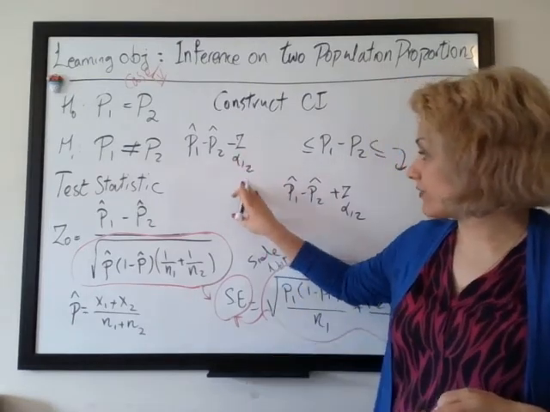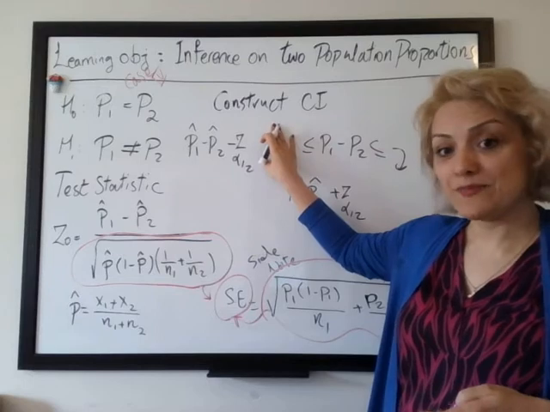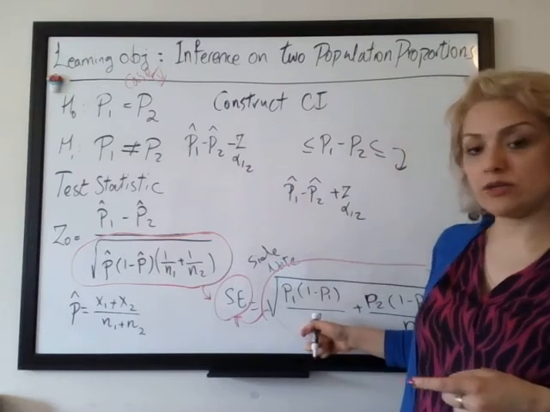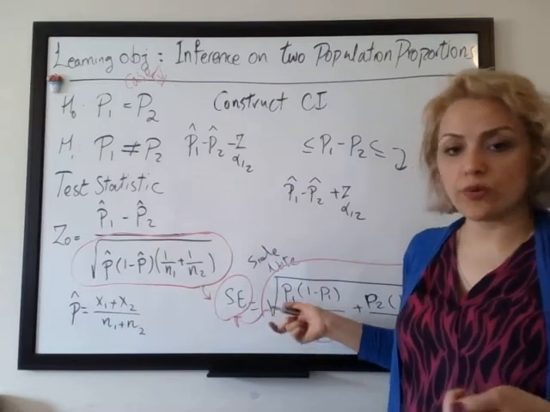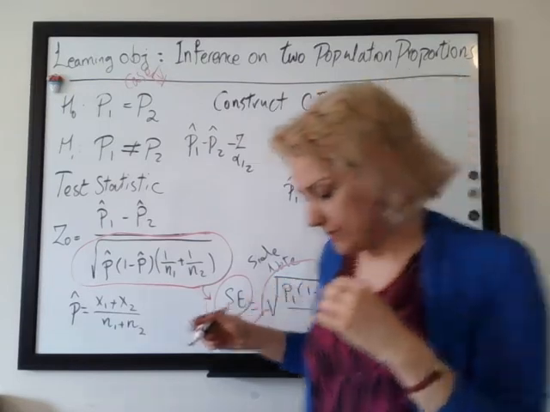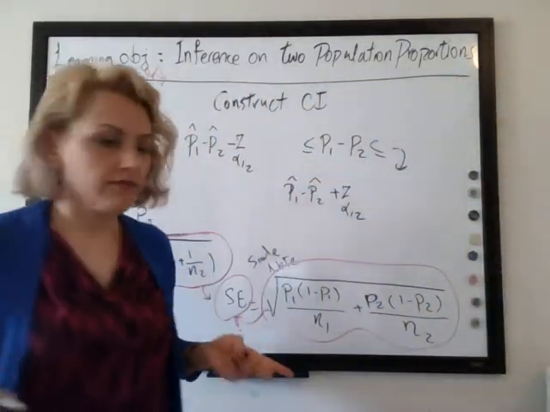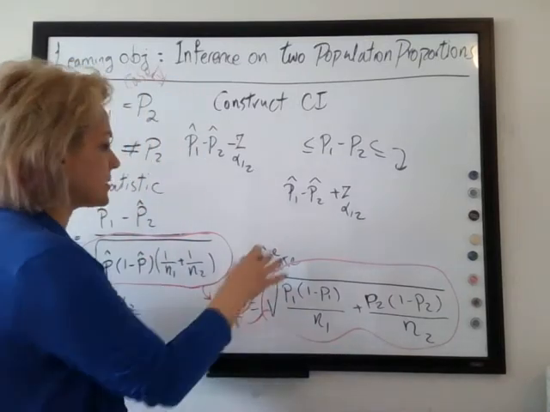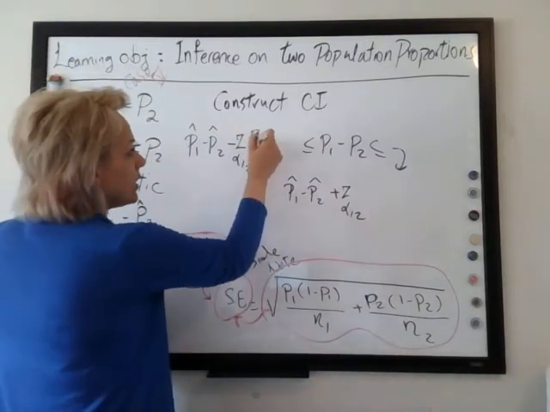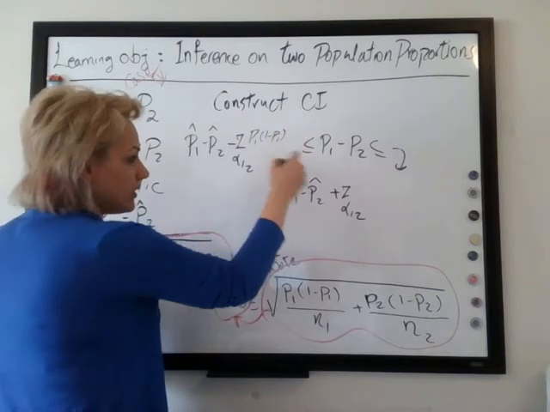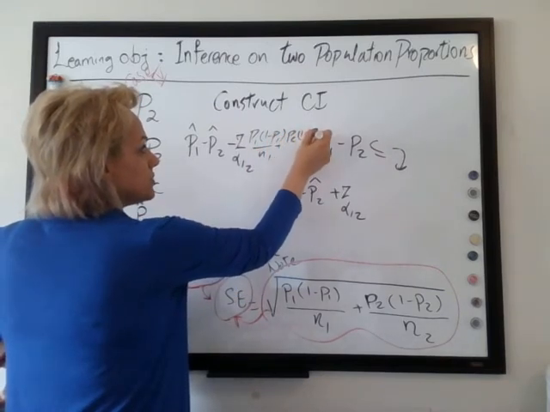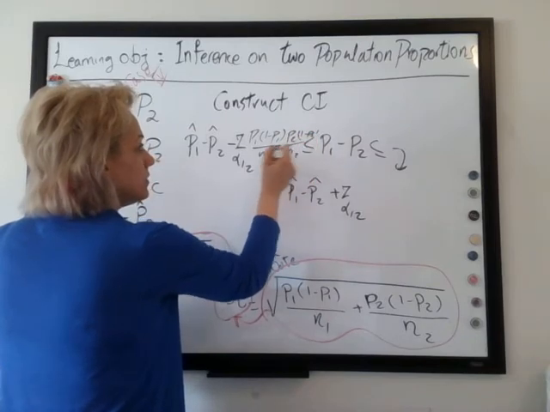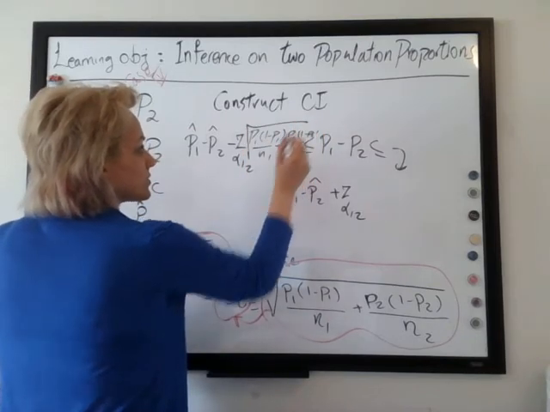Okay, so Z at the half of the alpha, and for the standard error, I'm going to write down this one. You can go with that one as well, but let's go with this one. It's just easier, but it's okay if you go with that one as well. So I would write P1, 1 minus P1, over n1, and P2, 1 minus P2, over n2, and it's going to be the square root of it.